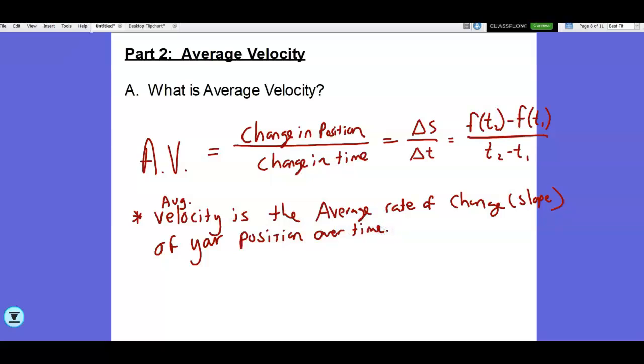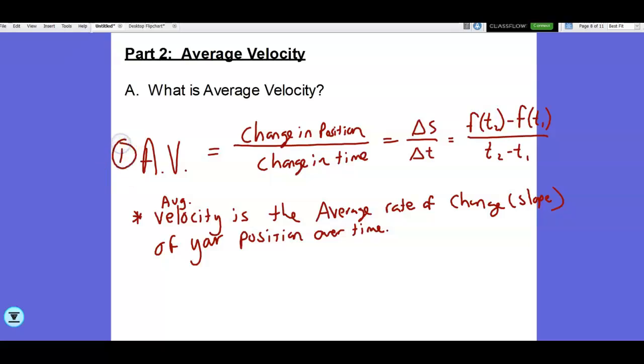Velocity is a lot like speed, right? On the last slide we said that speed was distance over time, okay? And so average velocity is a lot like speed, but there is a little bit of a difference. But before we get that, let's talk about the units of velocity real quick.